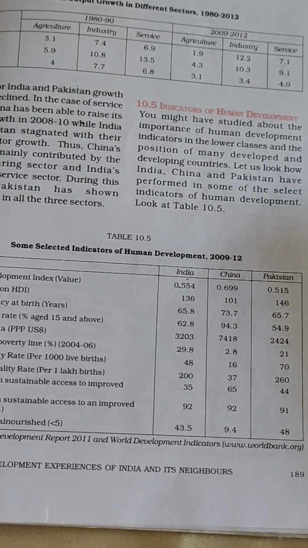Pakistan is ahead of India in reducing the proportion of people below the poverty line, and its performance in education, sanitation, and access to water is also better than India. But neither of these two countries has been able to save women from maternal mortality. In China, for 1 lakh births, only 37 women die, whereas in India and Pakistan, about 200 women die.